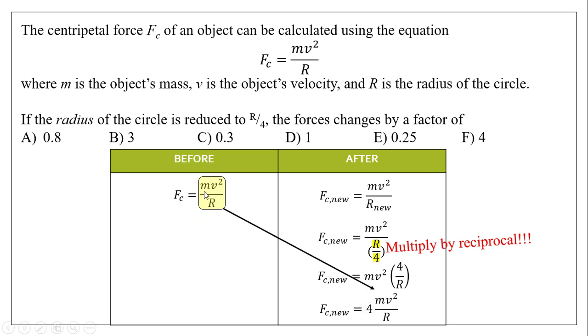On the left side, our original statement is F_C equal to mv squared over r. I recognize that I have mv squared over r on the right side as well. So I can just substitute quickly, and that is 4. F_C new is 4 times F_C, because mv squared over r can be replaced with just the original F_C. So the answer here is 4, which is F.